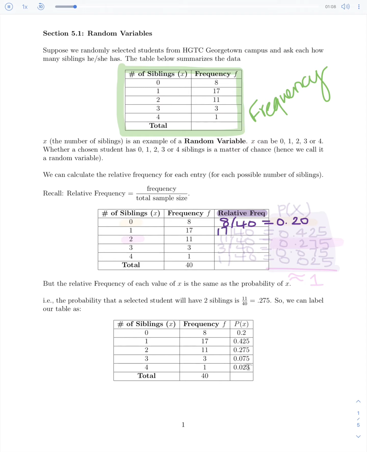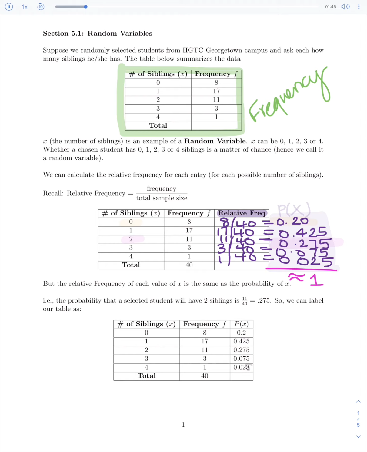And then we could do 17 out of 40 for the next one, which would be 0.425. And for the next one, it'd be 11 out of 40, which would be 0.275. And for the next one, it'd be 3 out of 40, which is 0.075. And the last one, 1 out of 40, should be 0.025. And remember, if we wanted to double check, these should add up to just about 1. It's probably not perfect, but it should be very close.